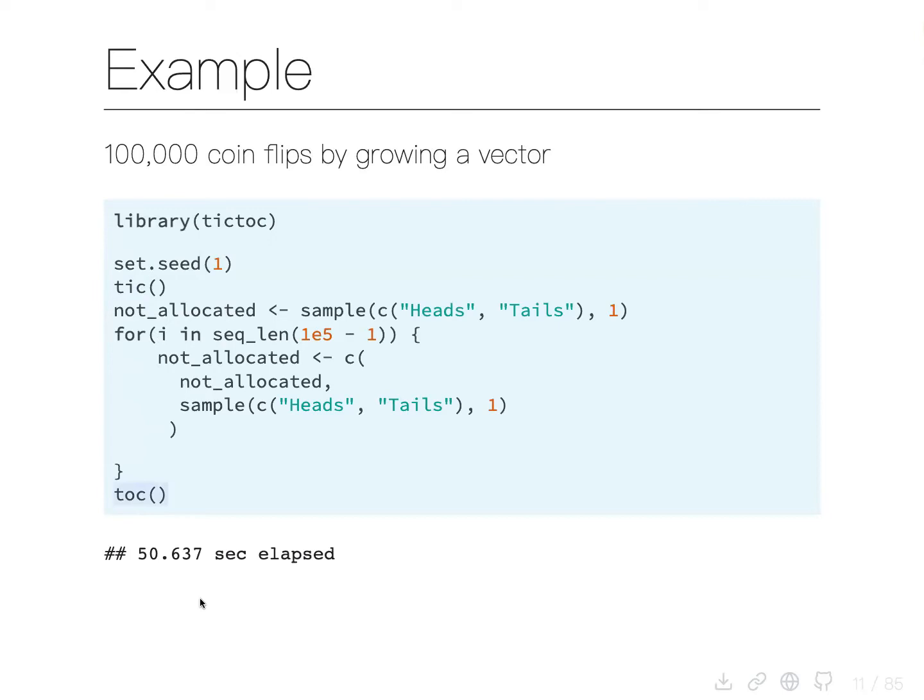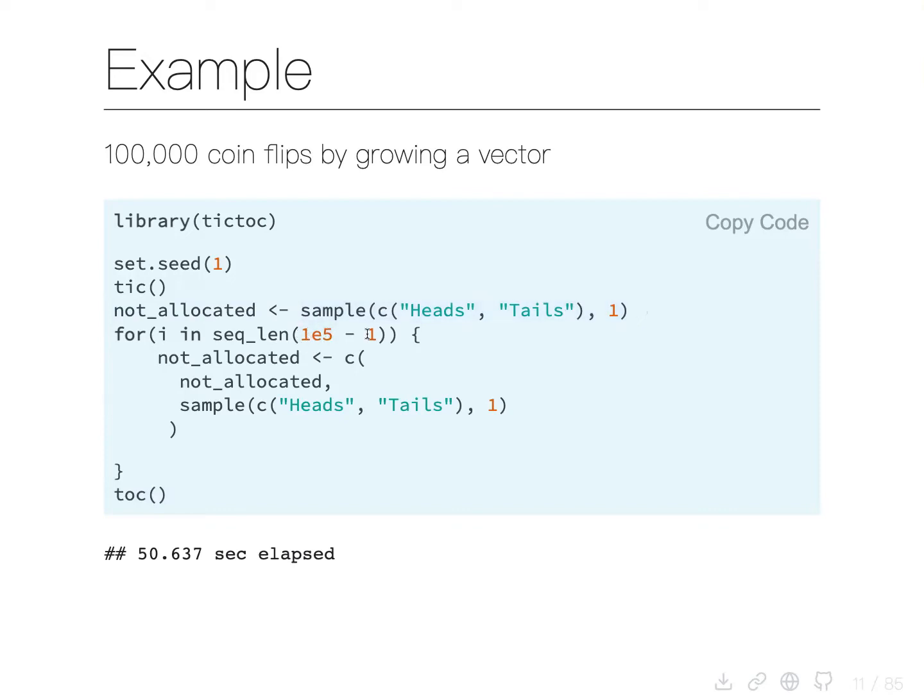So I'm starting here by growing a vector, writing the for loop in a way where the vector is not pre-allocated and it just continues to grow. Right here, I'm creating a thing that I'm calling not_allocated, and this is one draw from that sample. Then when I run my loop, notice I'm doing 100,000 draws.